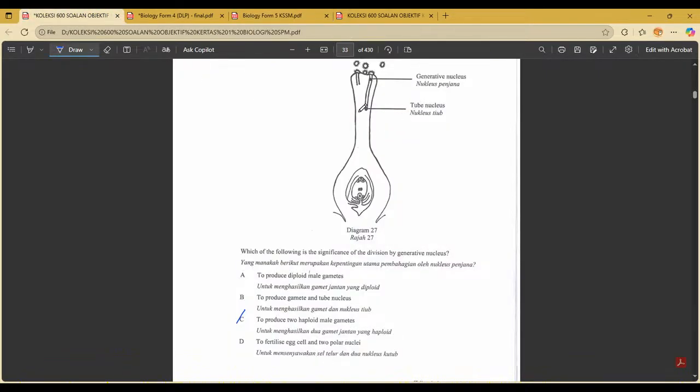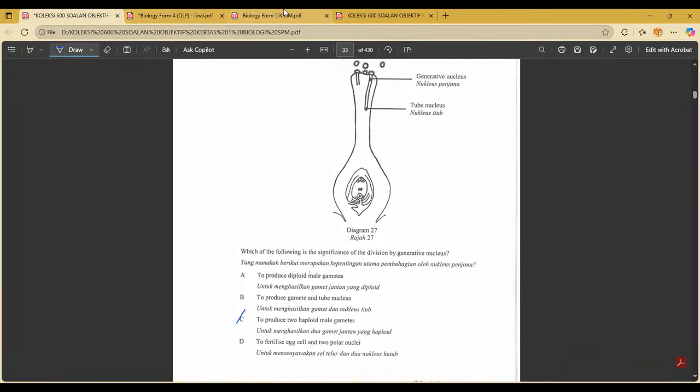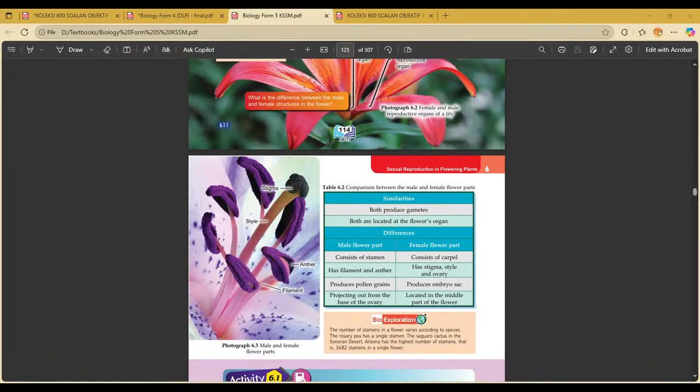I know there are three that come from the nucleus and two thingies, but I think it produces haploid ones, not diploid. Let me check.